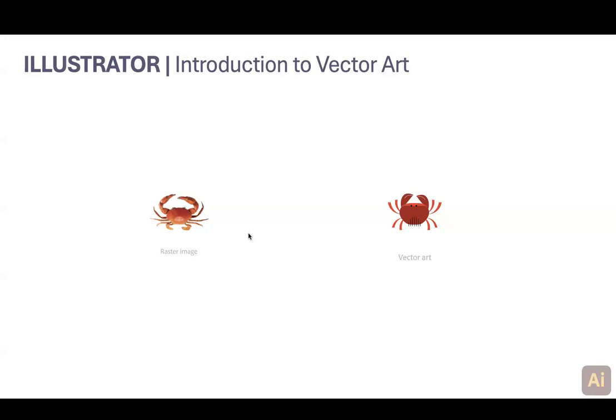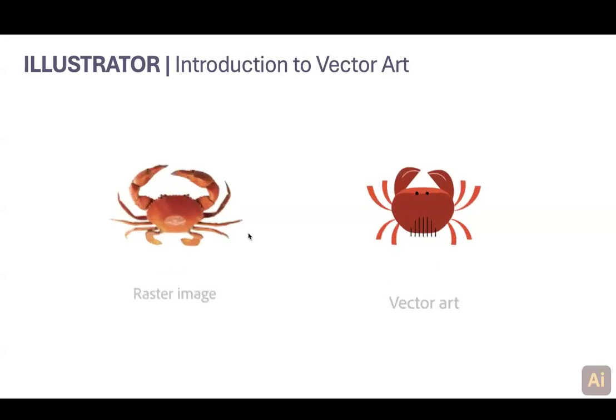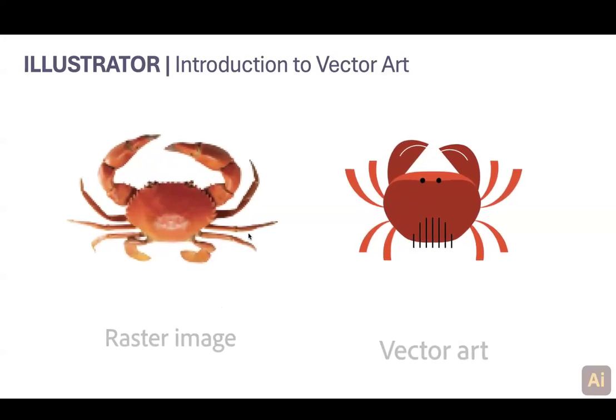And why is this so important? Because when you scale it, pixels get pixelated, but vector art is scalable, movable, and editable in a way that doesn't change its quality. It also lets you layer art on top of each other and change transparency. So it's a very powerful tool.